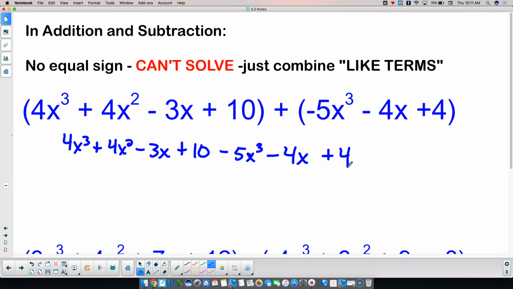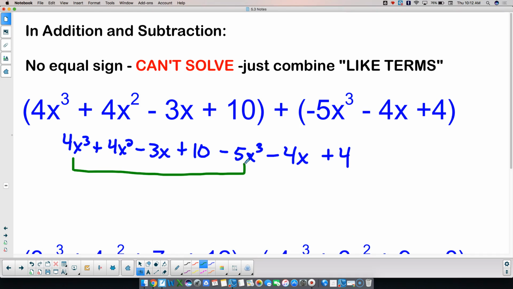Now you look at what's like terms. So here is an x cubed. It's my biggest term. So when I do this, I automatically put it in standard form. I look for my biggest exponent first, and that's the one I'm going to work off of first. There is another x cubed right there.